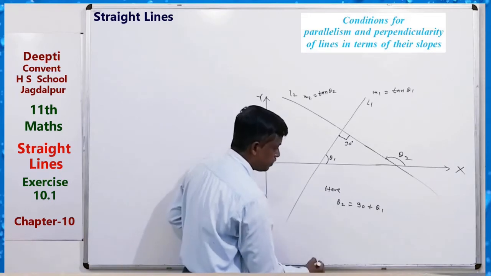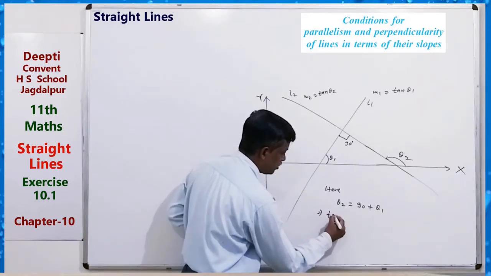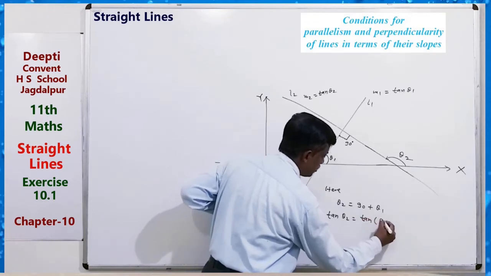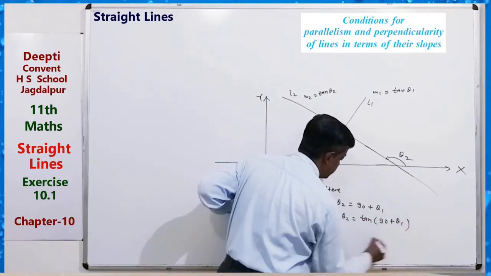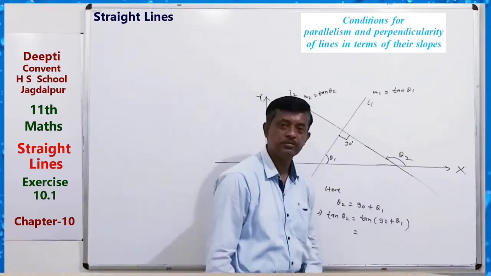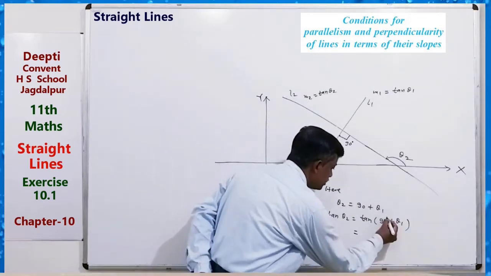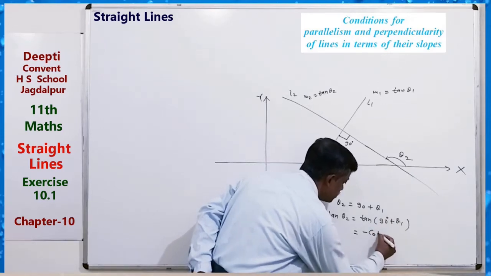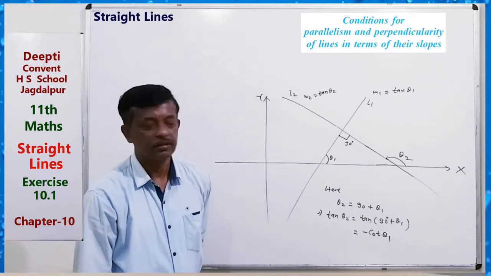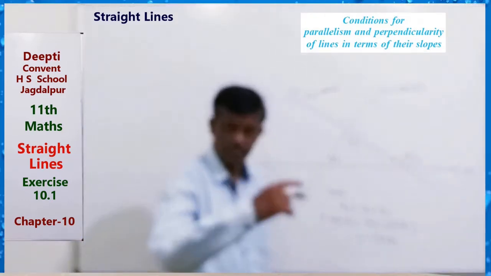So here, take tan on both sides. Tan theta 2 equals tan of 90 plus theta 1. And we know that tan 90 plus theta equals minus cot theta, so minus cot theta 1. Tan 90 plus theta 1 from trigonometry.